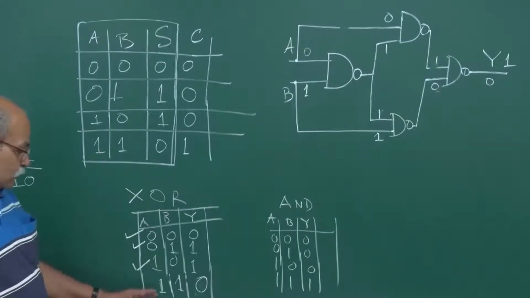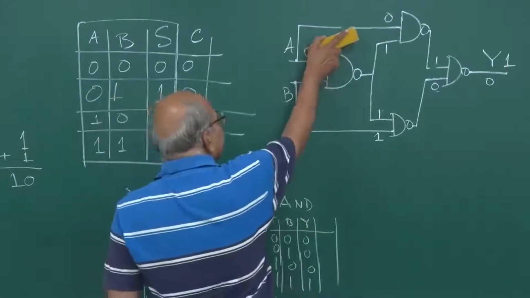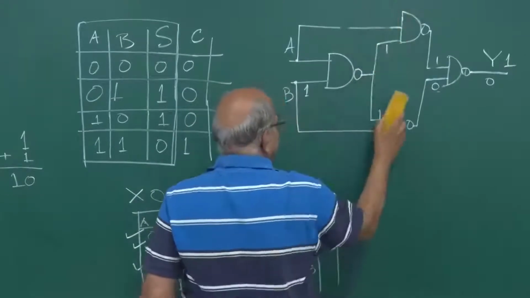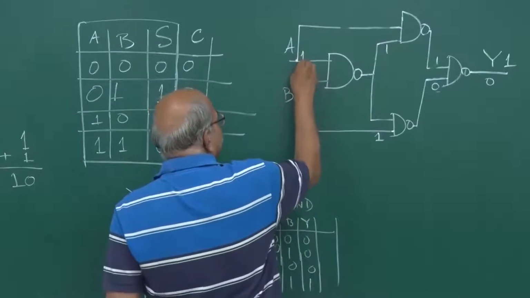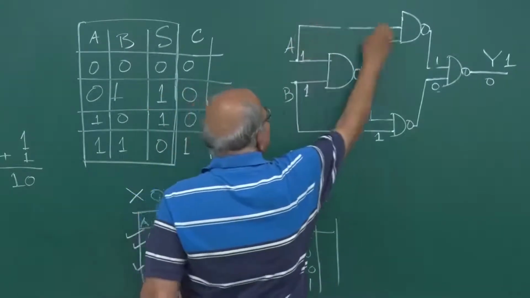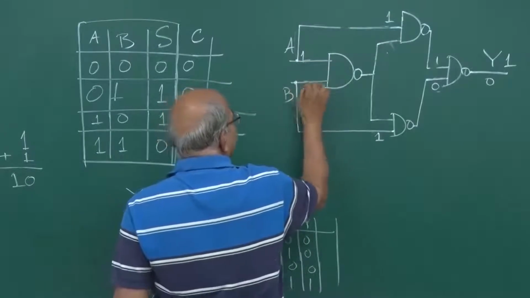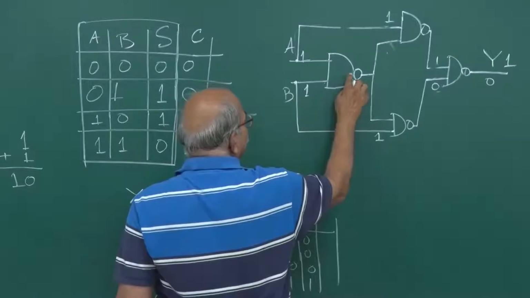Last one, 1 and 1, A is 1 and B is 1. So, both A and B are 1. This is also 1. So, this 1 reaches here and what happens this side? 1 and 1 will be 1 and NOT of that will be 0.